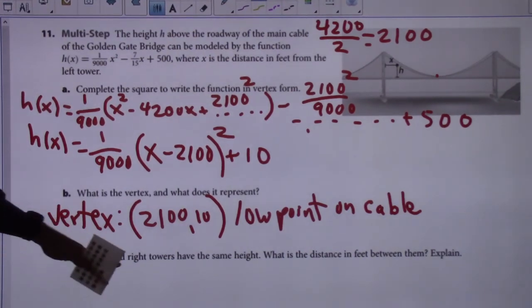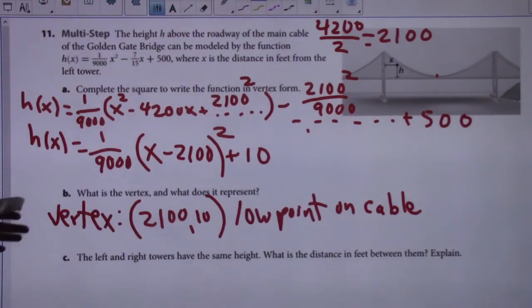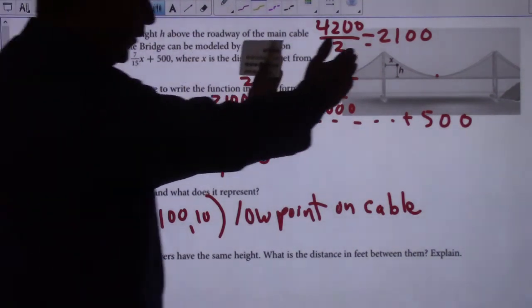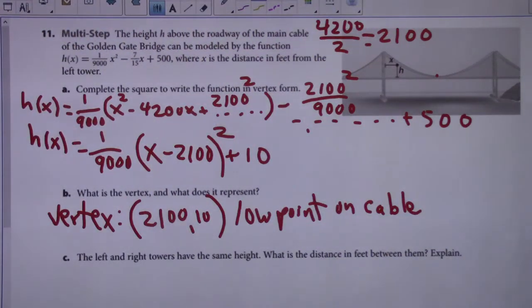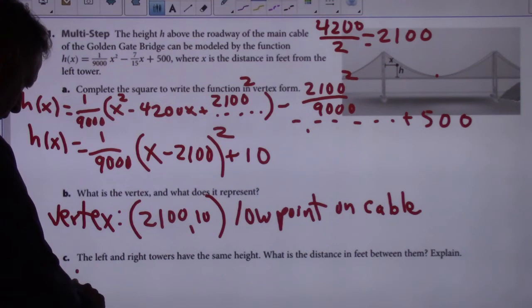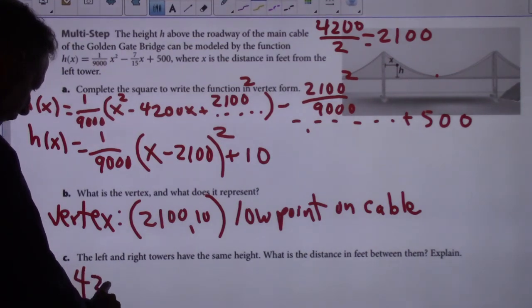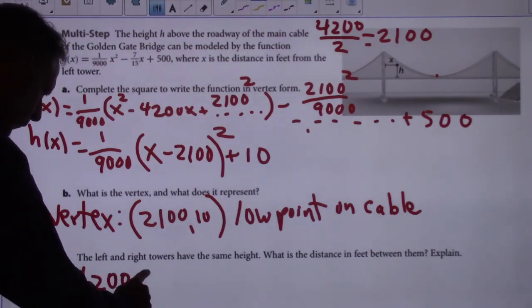The left and right towers have the same height. What is the distance in feet between them? What is the distance between these two towers? 4,200 feet, right? Oh yeah, we already said.